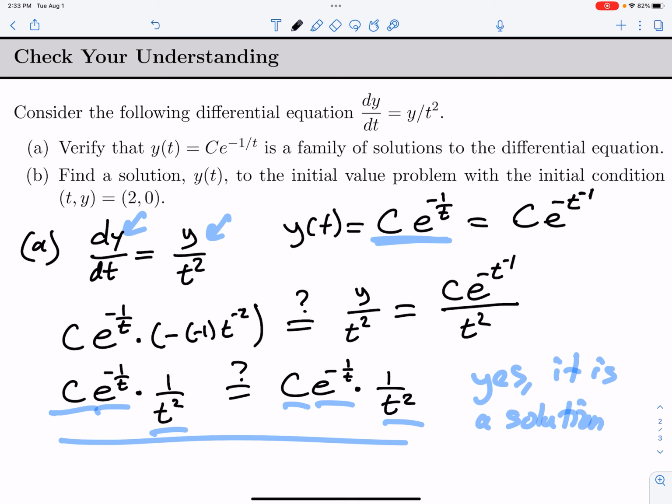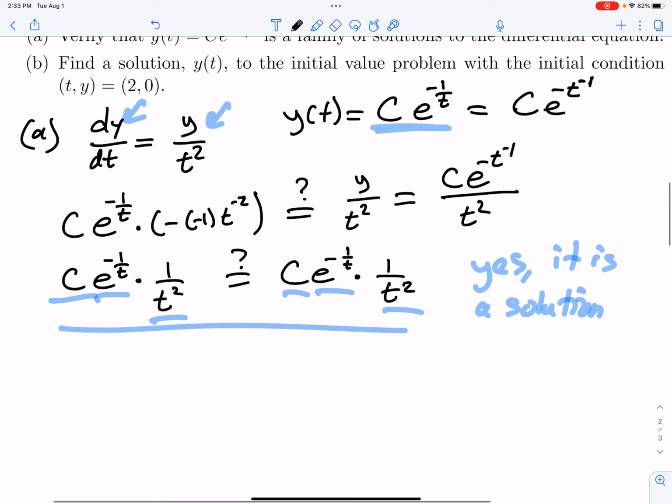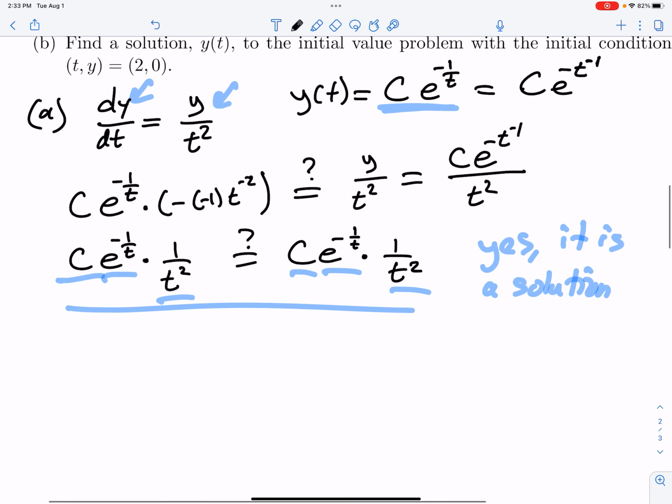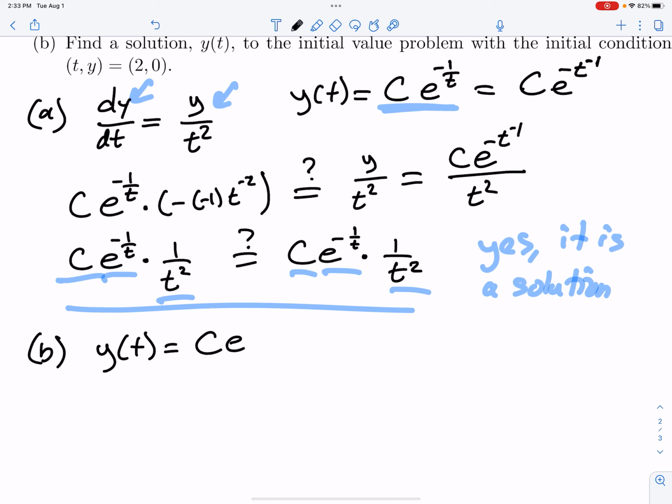That's part A. And then they want us to find a solution to the initial value problem with the initial condition y of 2 equals 0. Okay, so for an initial value problem, we have this general solution, y of t equals c e to the negative 1 over t.